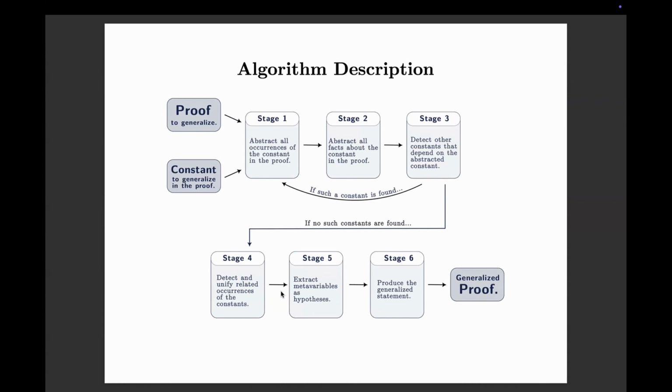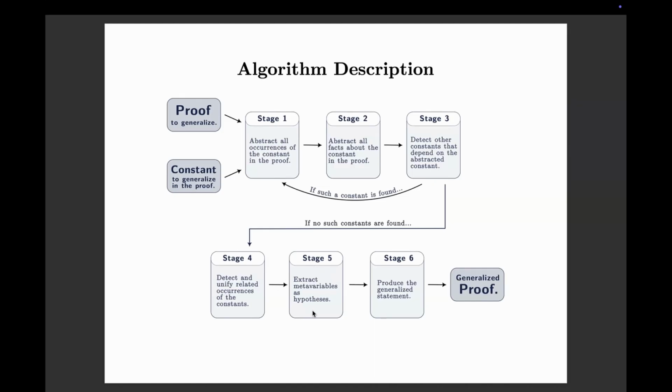The next step is we extract those meta variables as hypotheses. So for example, the variable that used to be a 17 is now a universally quantified variable, and the lemma that used to be that 17 is prime is now that the universally quantified variable, say n, must be prime.